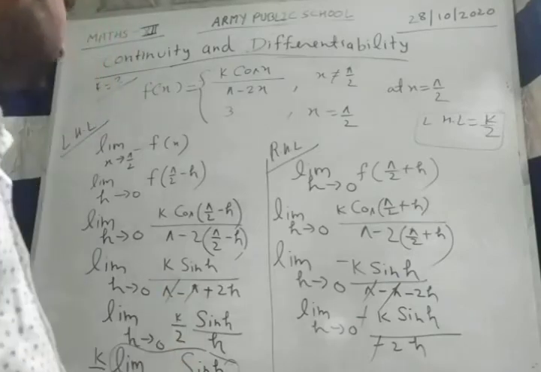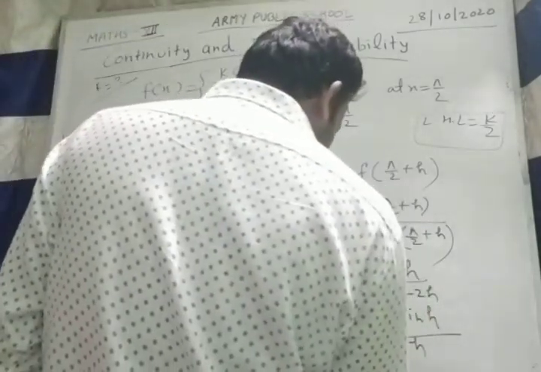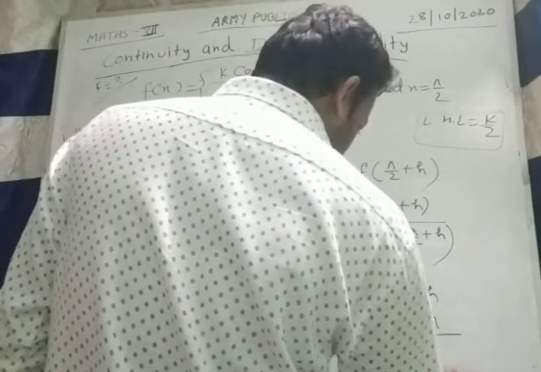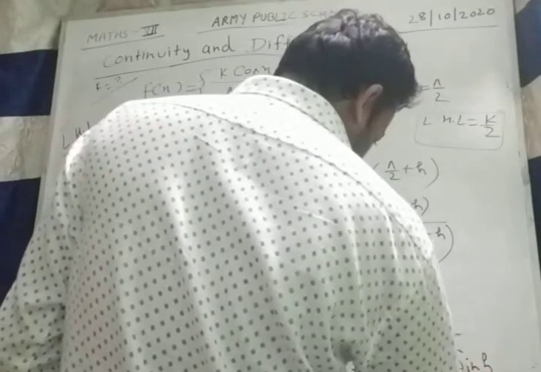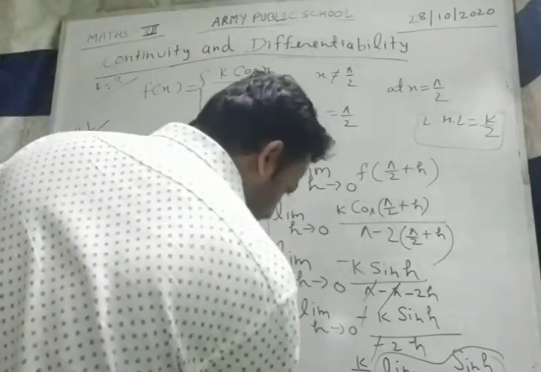Now what we will write? We write k by 2 limit h tends to 0 sin h by h, and you know this value is 1, so we write k by 2.